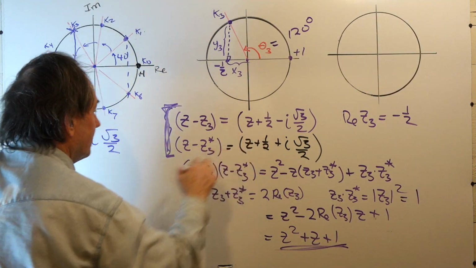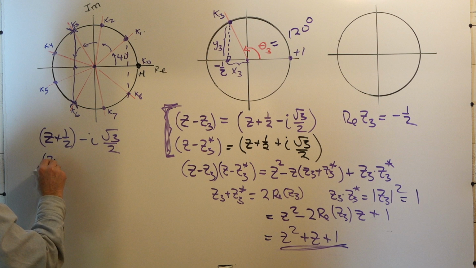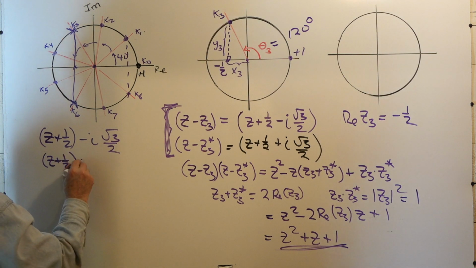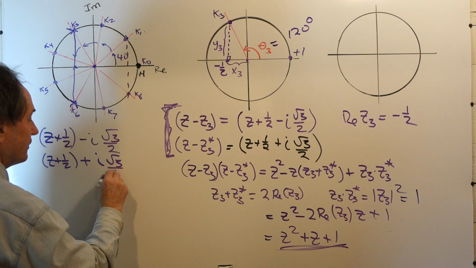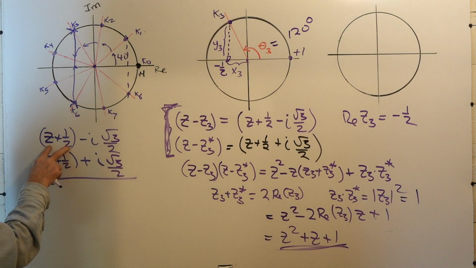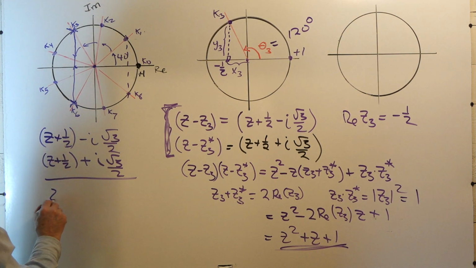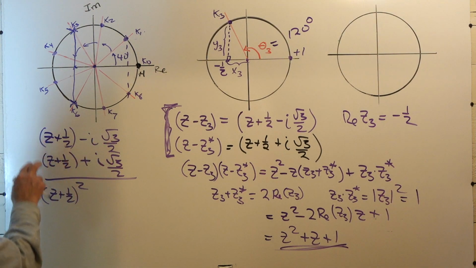That's this factor, and I'm going to multiply it with this factor. So I've got z plus 1/2 minus, or plus i, square root of 3 over 2. Let's multiply these together. We have this times this term times this term, which is z plus 1/2 squared. Now notice the cross product terms cancel.